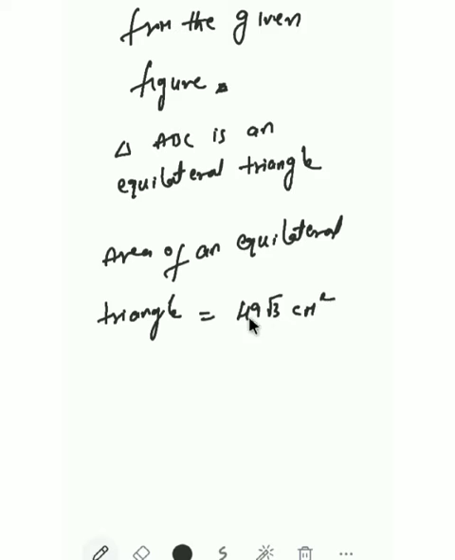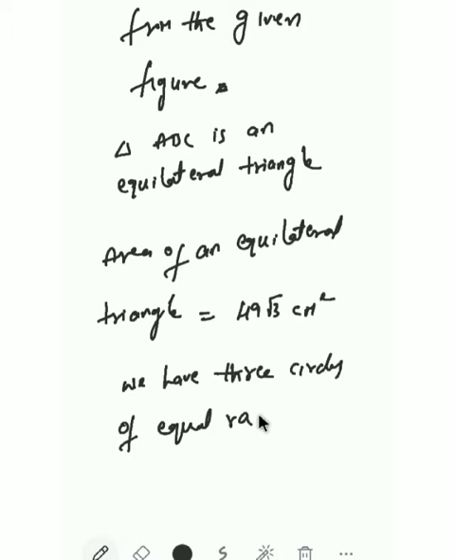So we have three circles of equal radius. What is that radius? The radius is given, r is equal to 7 centimeters.